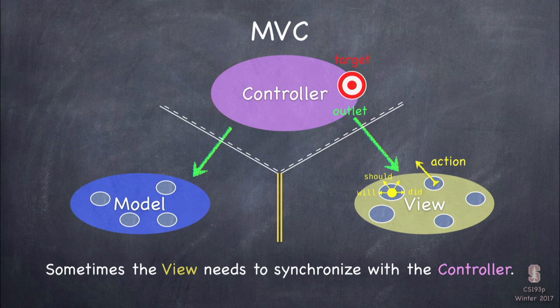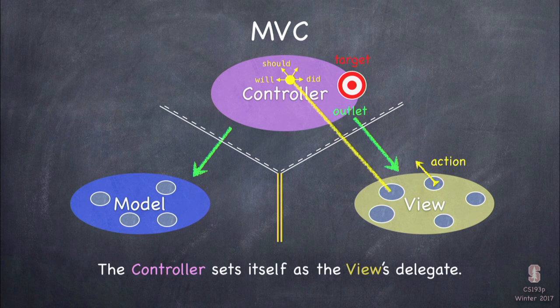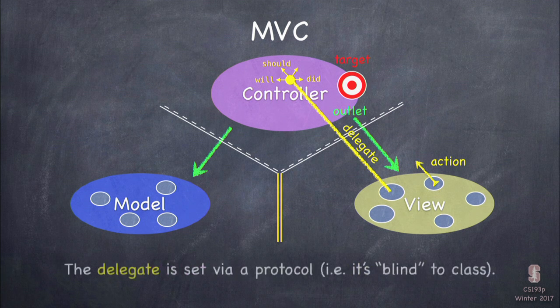And the way we make that communication work, we can't just do this simple one method control drag. Instead, we use what's called a delegate. And I'm going to talk a lot more about a delegate in future lectures. But basically the idea of a delegate is it's a var in the view, like a var on scroll view, and it's of a special type. That type is called a protocol.